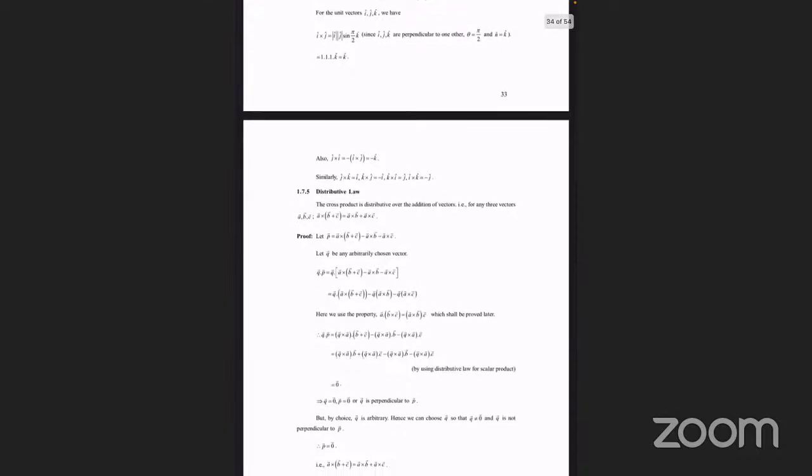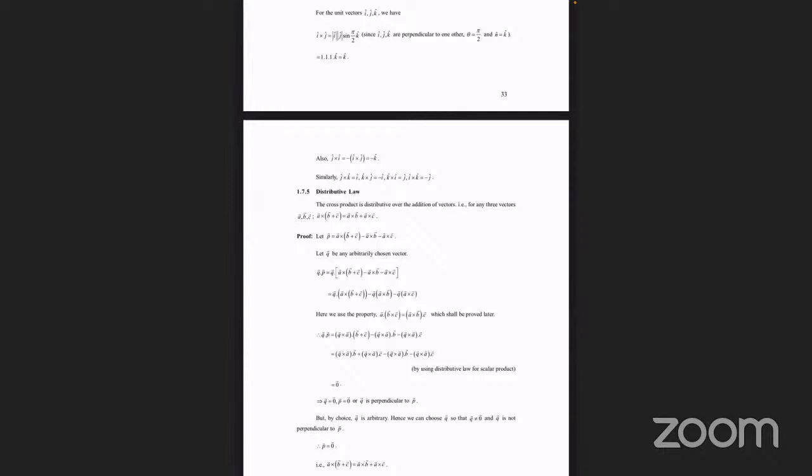In page number 34, in the cross product, j cross k will be i. In the dot product, if different vectors are there, j dot k gives you 0.